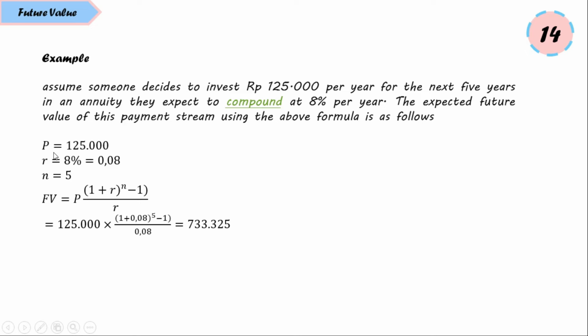Now, P equals 125,000, R is 8%, and N is equal to 5. We can substitute these into the future value formula, and we can get 320.